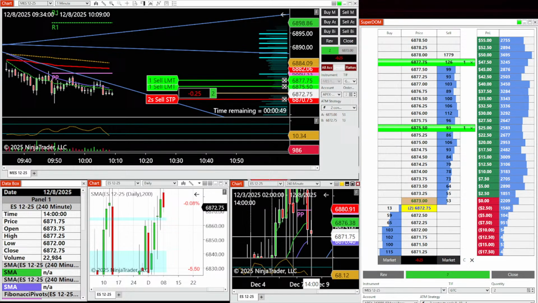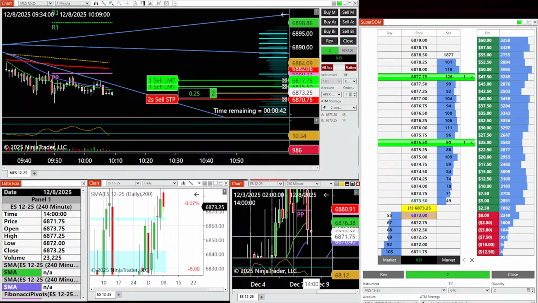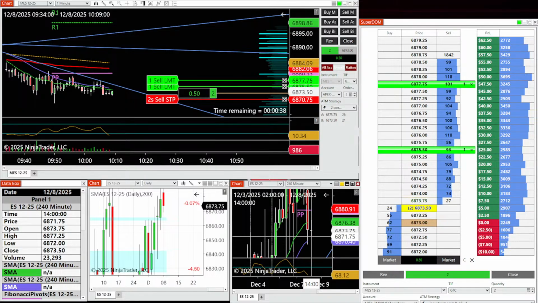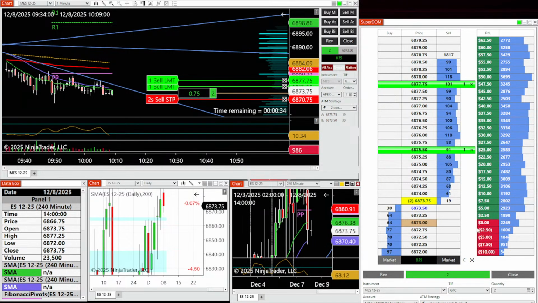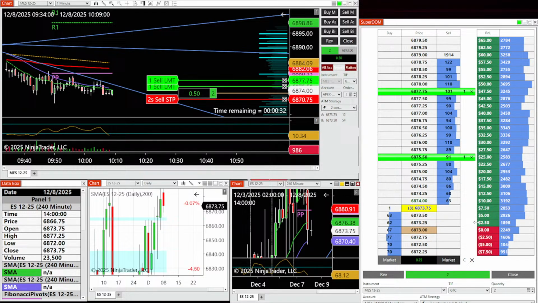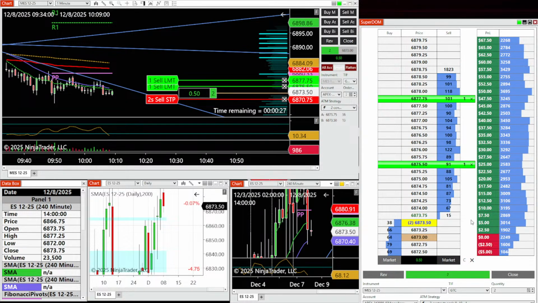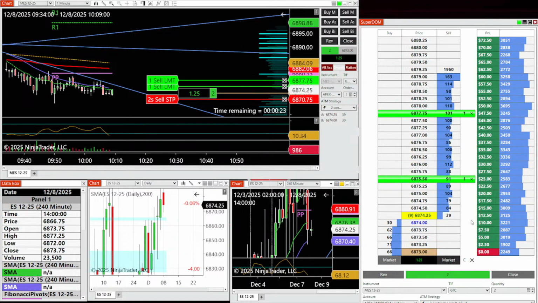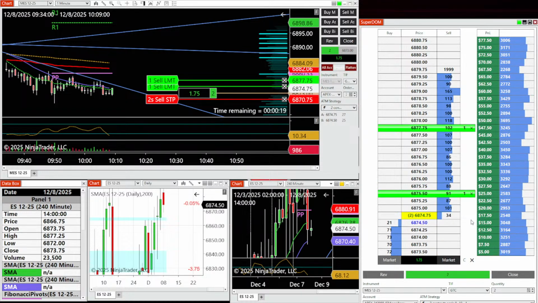Having a problem breaking above the open of the forward chart. This open of the forward chart is 73.75. If we can get above 73.75, but that's where we're having the problem, getting above that 73.75. If we can get above it, then we may have a chance.